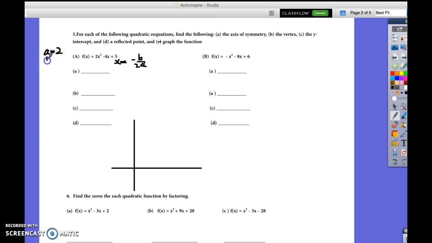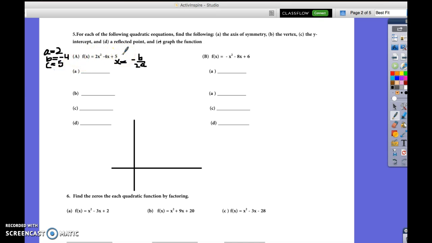B would be what? Trust you'll be able to tell. B would be not 4, but negative 4. Finally, C would be the 5. So that's the first thing to do, to identify your A, B, and C.